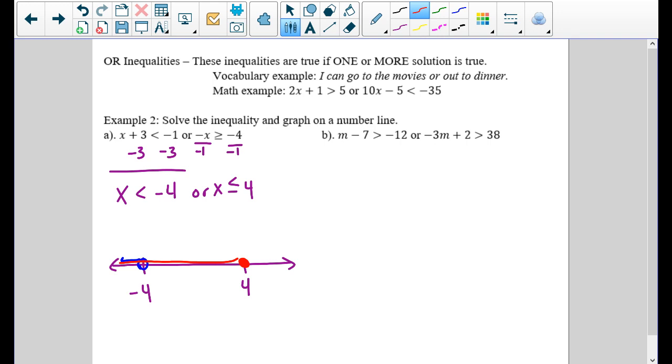Again, either one could be true to make this inequality, so anything less than 4 is true. So this whole thing would get shaded. This other side doesn't even really matter because any number less than negative 4 is going to be less than or equal to 4. So my graph is just shaded all to the left of 4. Typically that's not a normal graph, okay?